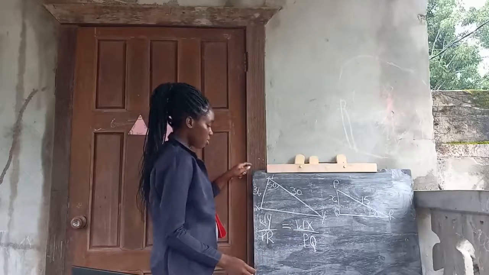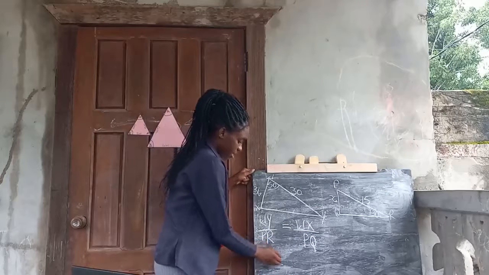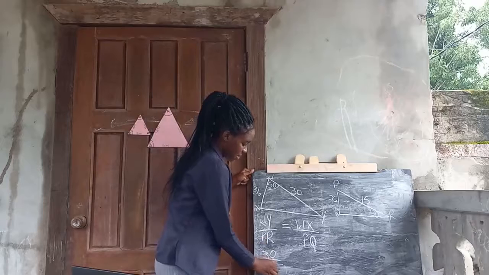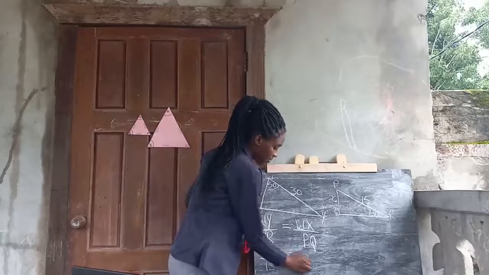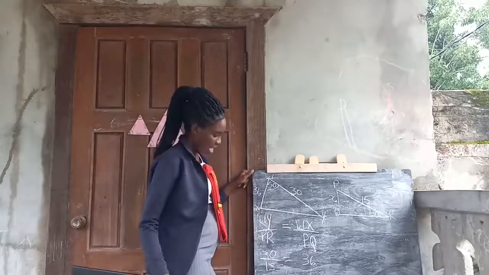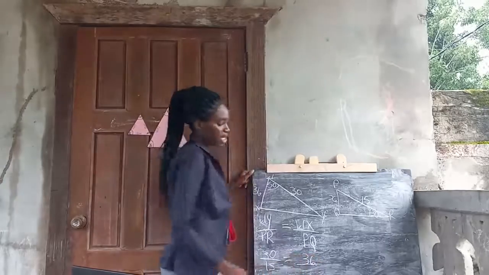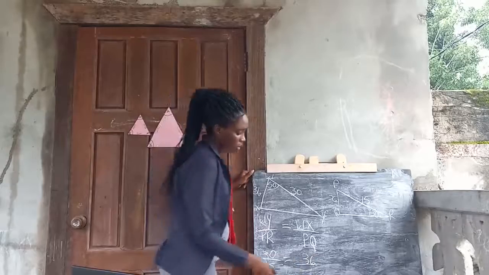We know that WY is 30 and PR is 15. We also know that WX is 36. And what is PQ, John? We don't know. X.